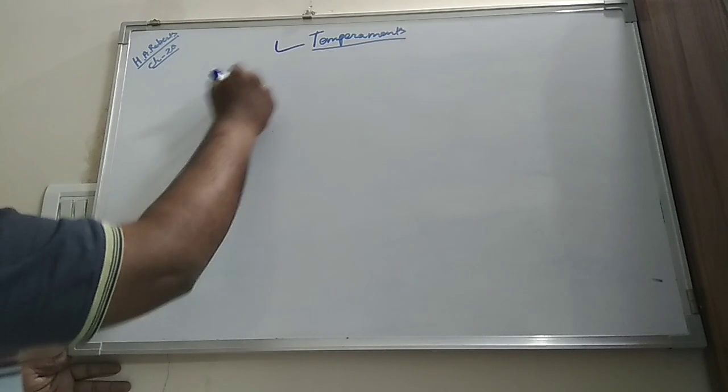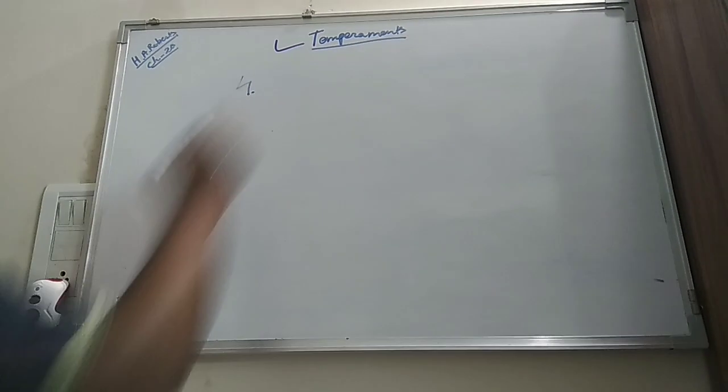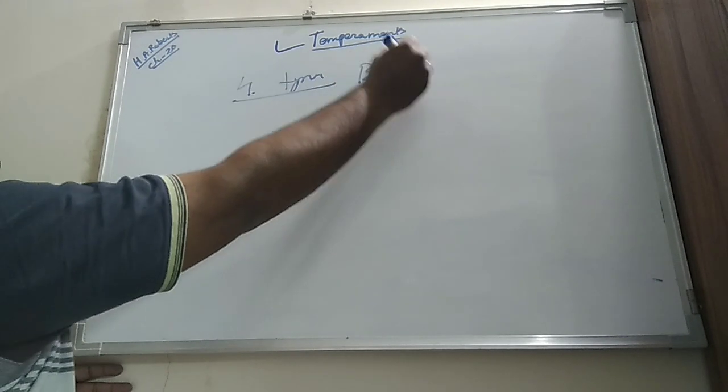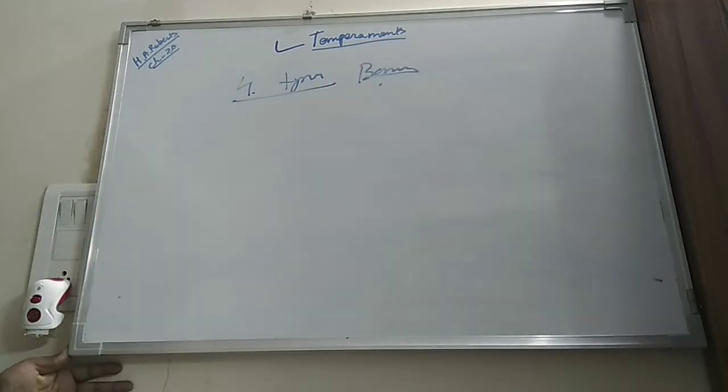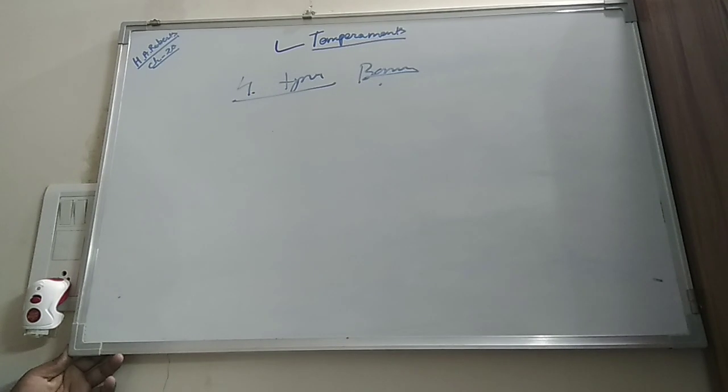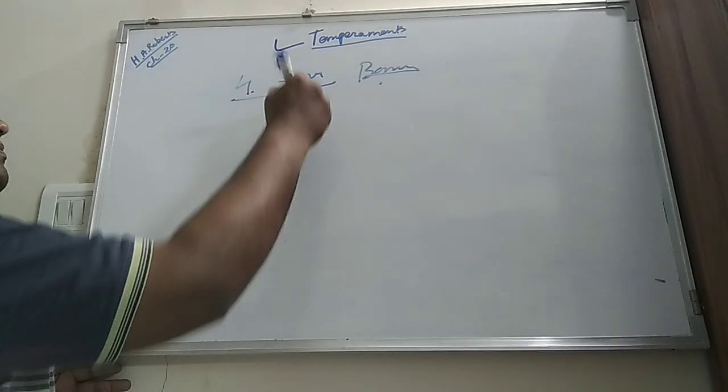There are 4 basic classifications, 4 basic types. There are others that are defined afterwards, but there are 4 basic. 1.